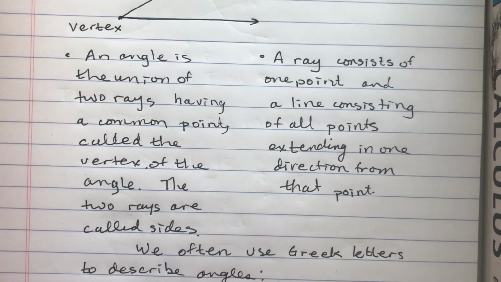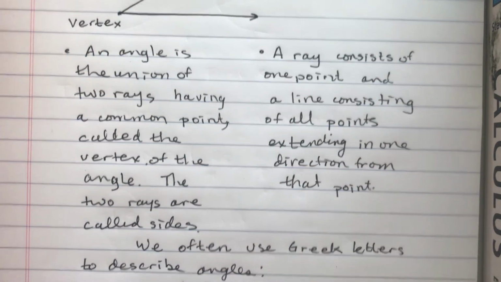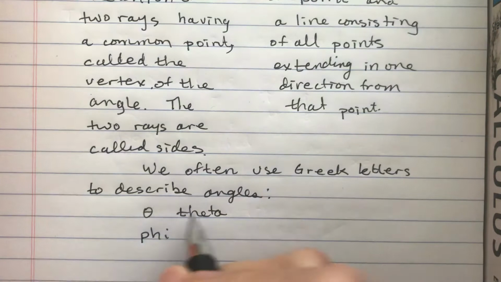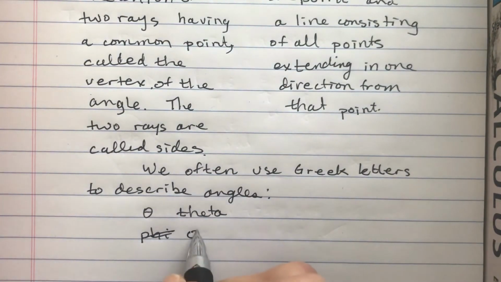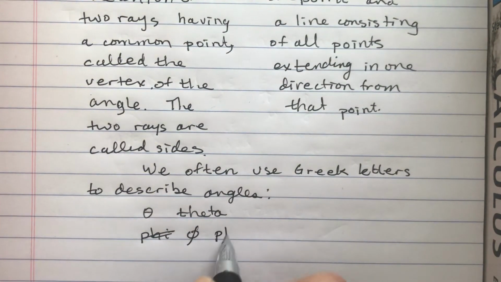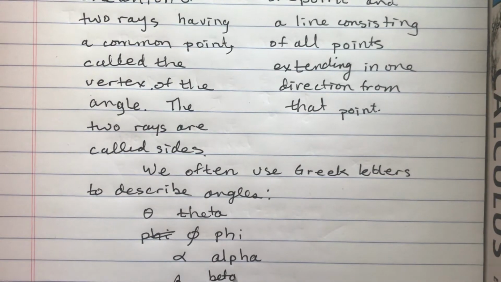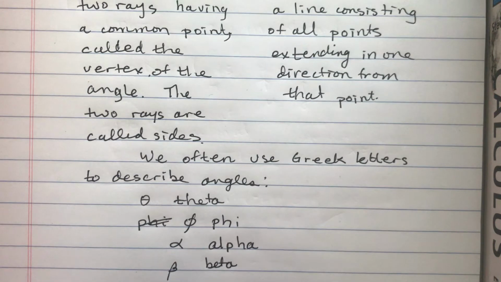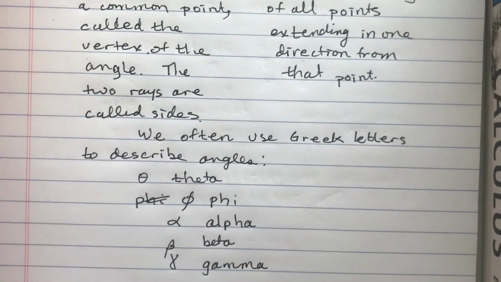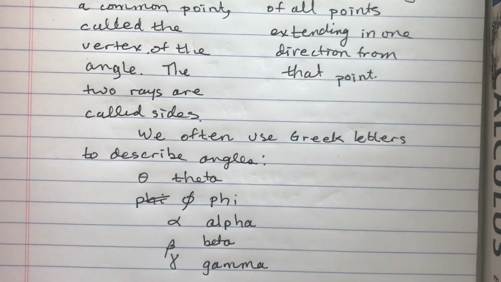Phi, which is what I'm drawing here. Alpha. And then beta. And gamma. Okay, so these are all just starting things.